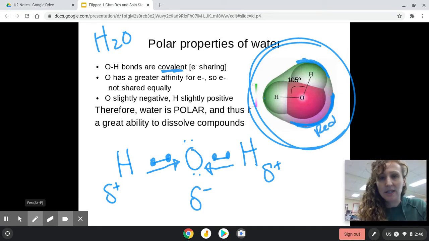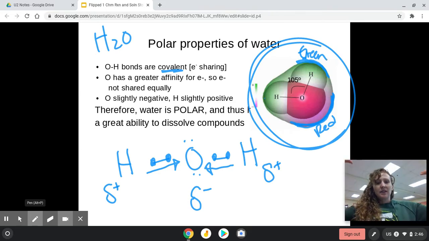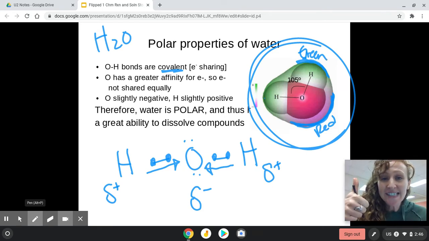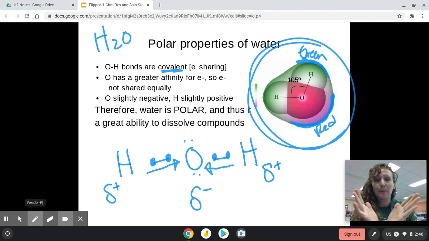Red is supposed to indicate a higher presence of electrons. Green is supposed to indicate a lower presence of electrons. So you can see that this cloud gets shifted because of oxygen's what? High electronegativity, right?